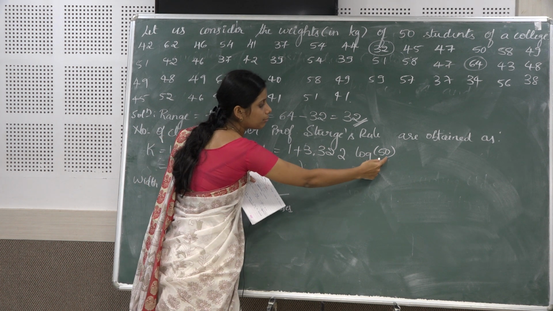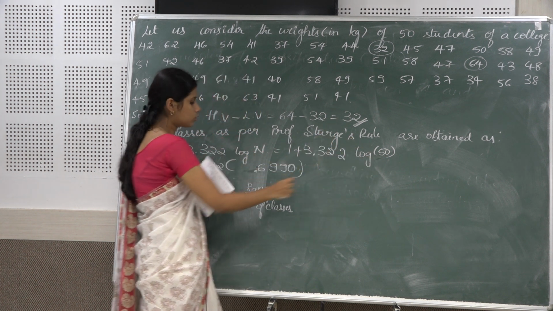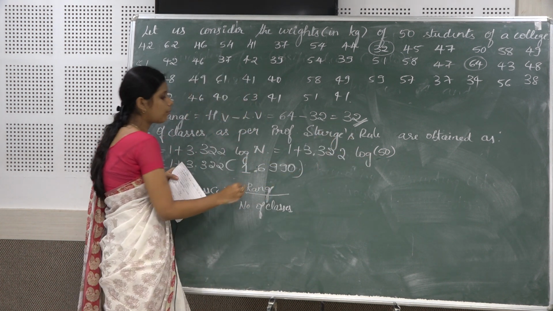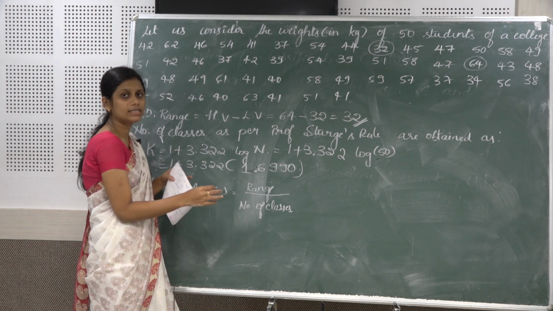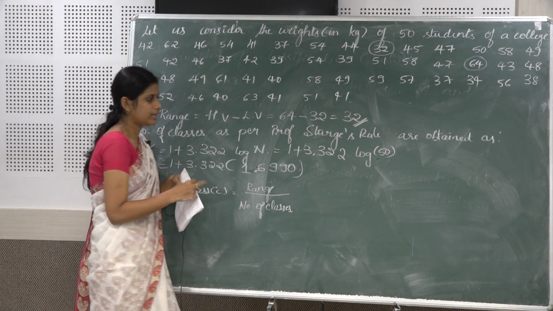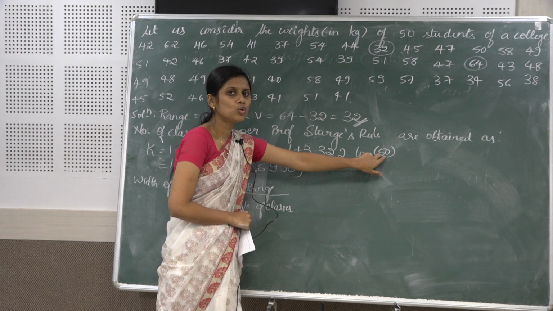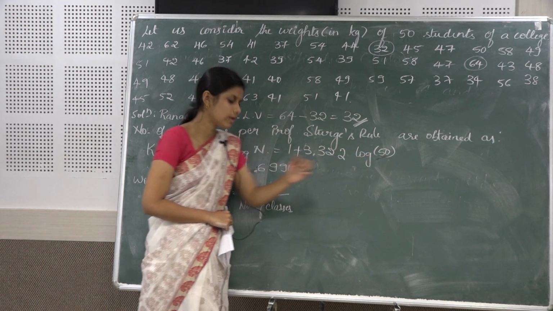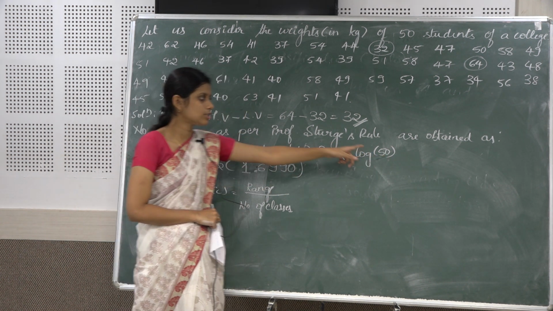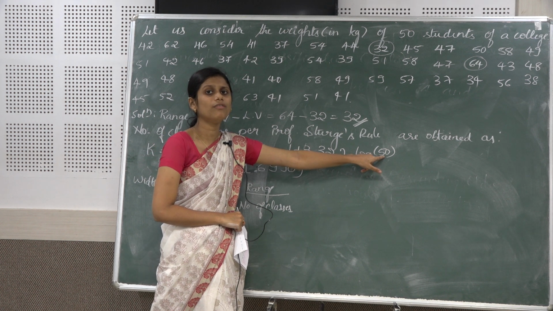But here the number of digits is 2, so 2 minus 1 is 1. So 1.6990 is the log value of 50. There are 2 digits in 50, so 2 minus 1 is 1. 1 point, and next you have to see in the log table the value of 50.